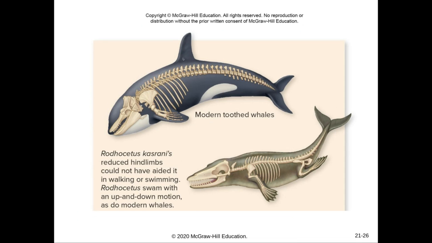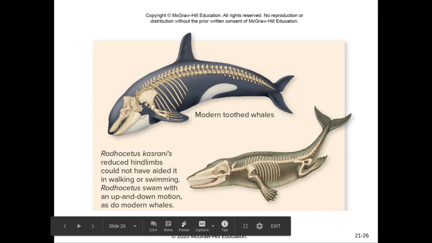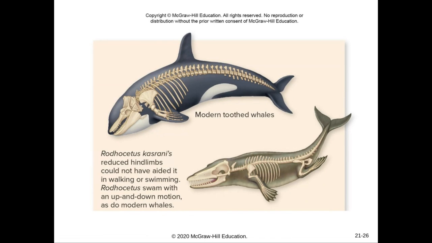Similar tails. There's no dorsal fin yet, but you see it eventually evolves. You see the skull is different, the fins are differently shaped, but again, it has the hallmarks of the modern individual, but selection hasn't gotten rid of or changed the traits enough so that it resembles the modern living descendant.